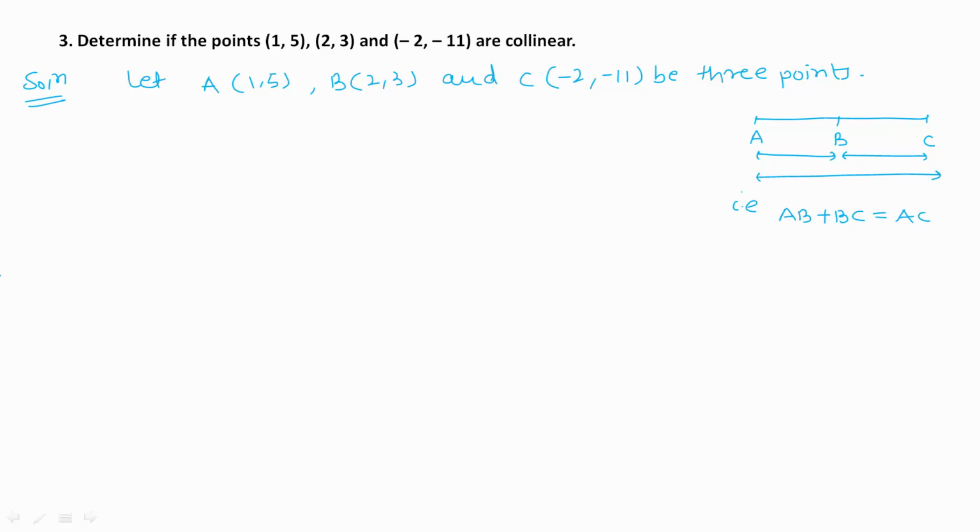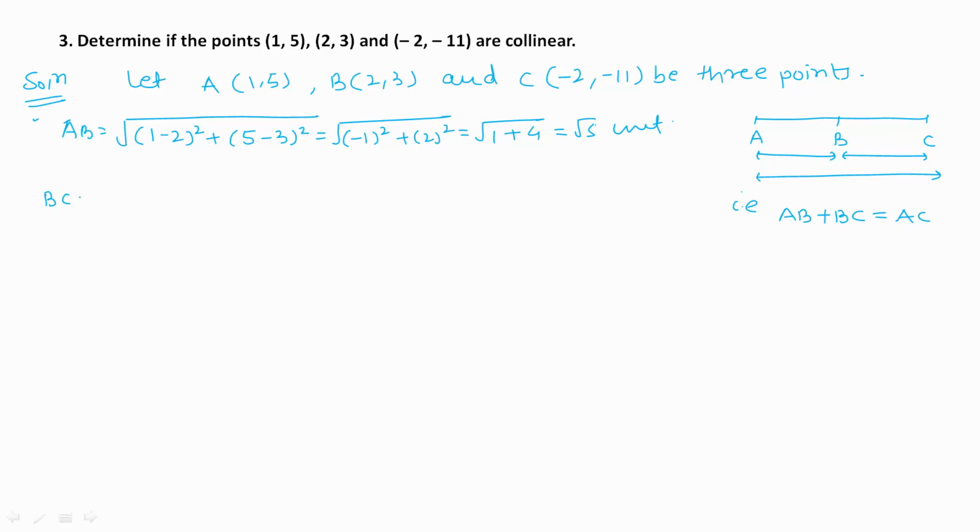First I am going to find the distance AB. AB is equal to under root (1 - 2) whole square plus (5 - 3) whole square. This will be equal to under root (-1) whole square plus 2 whole square, which is under root 1 plus 4, equal to under root 5 units.